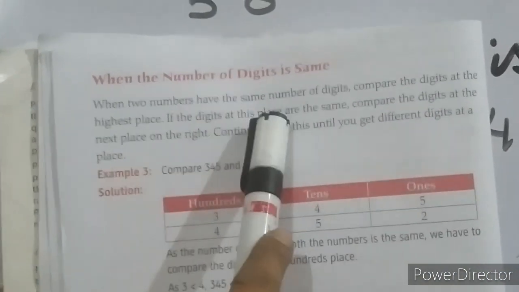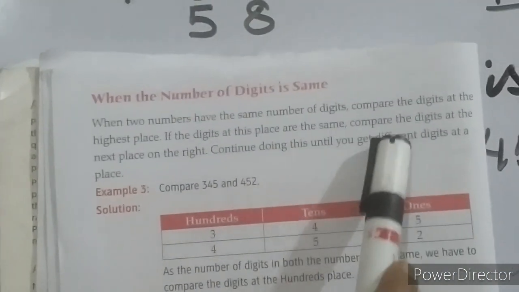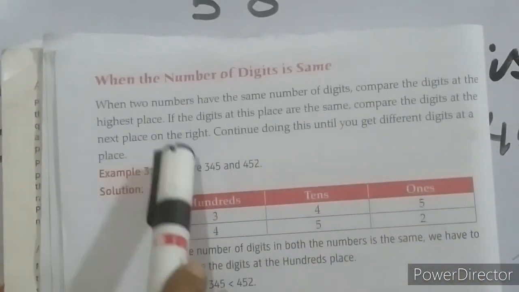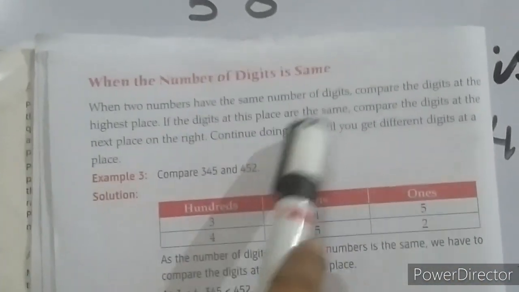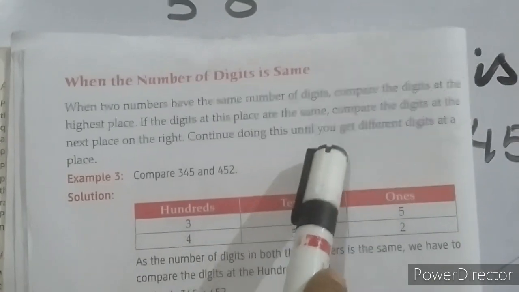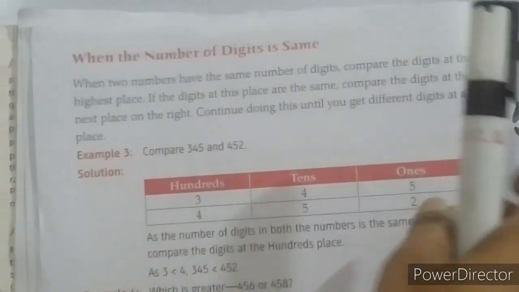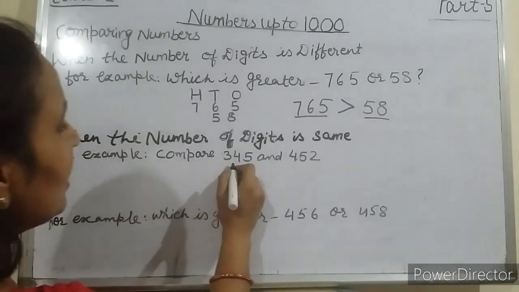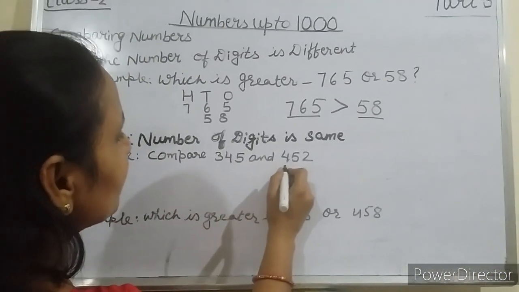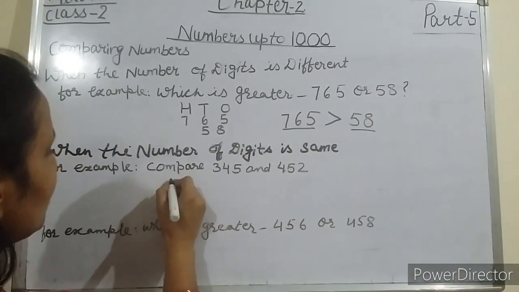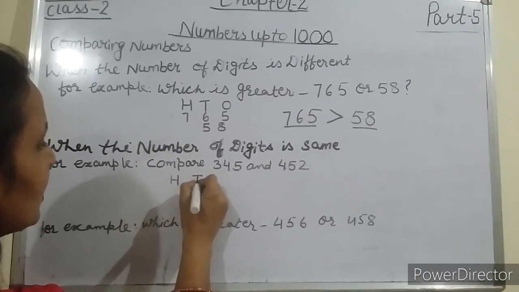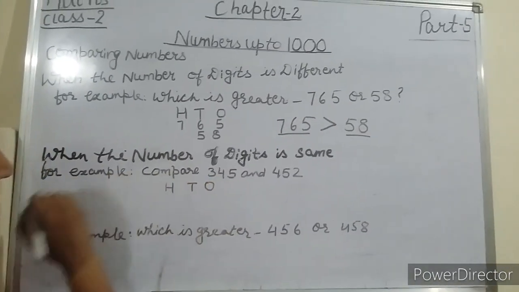If the digits at this place are the same, compare the digits at the next place on the right. Continue doing this until you get different digits at a place. For example, compare 345 and 452. So again here write hundreds, tens and ones.